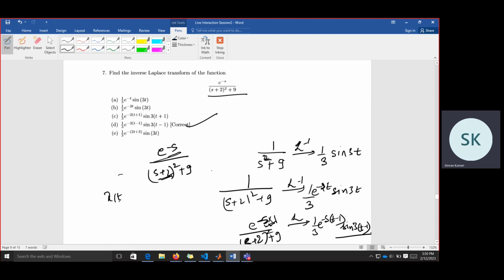One property: if this is a transform, and we have the inverse Laplace transform x(t), then if we have s plus a, a shifting in the Laplace transform, it is x(t) e to the power minus at.